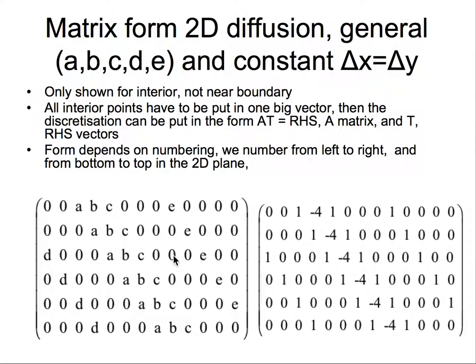In case we have a simple problem with delta x equal to delta y, and k is constant, and we multiply all equations by delta x squared over k, we get a really nicely looking matrix with as main diagonal -4, a subdiagonal with only ones, an upper diagonal with only ones, and then shifted over a distance of 5 indices, we get another upper diagonal for the upper point, and shifted over a distance of 5, the lower diagonal representing the contribution from the bottom point.